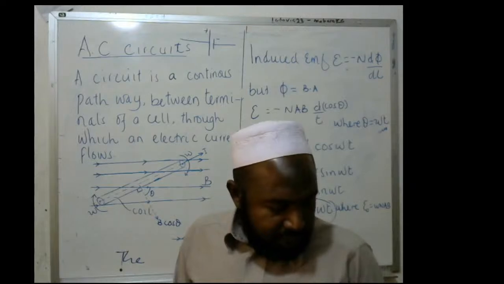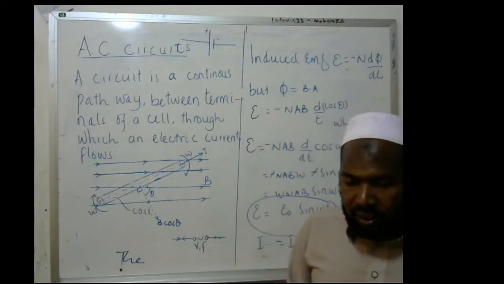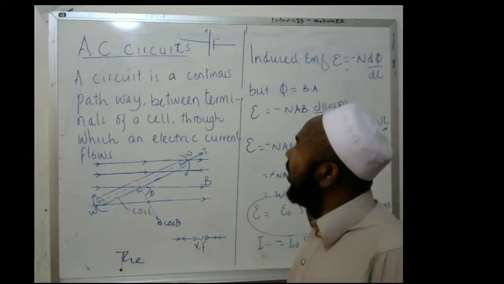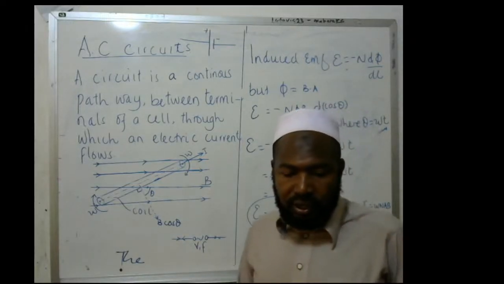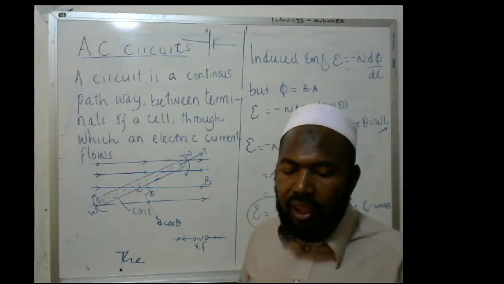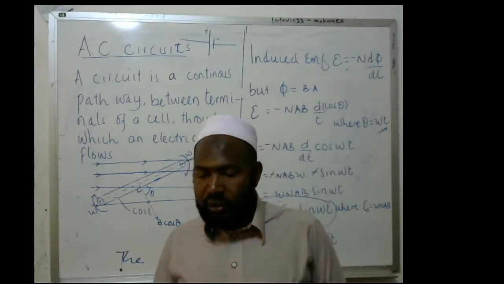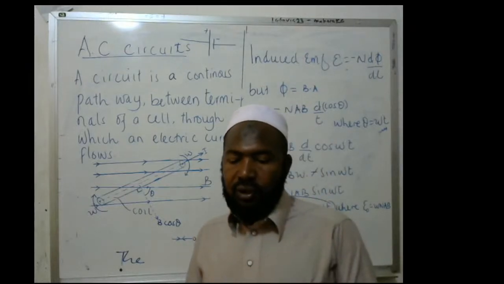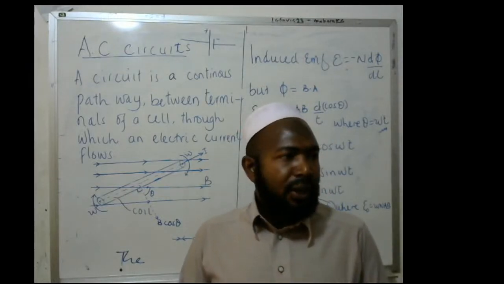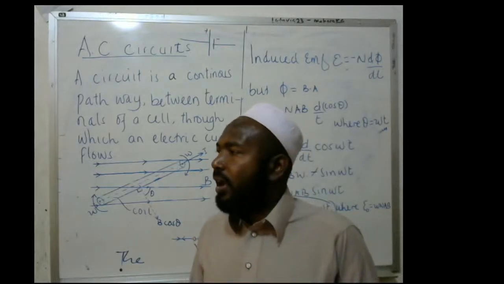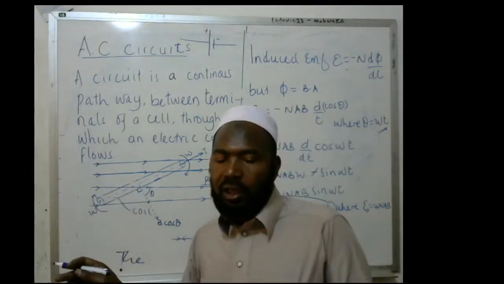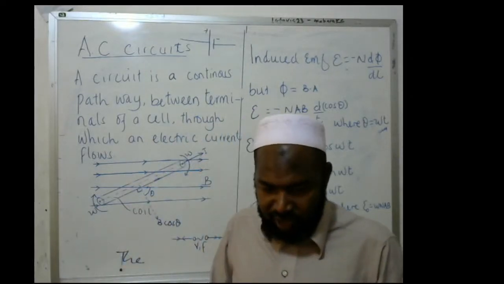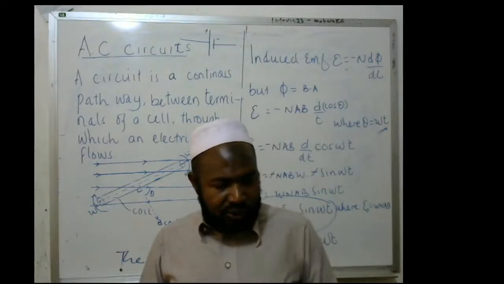Now, we continue with terms that we are going to employ in our study of this topic. Alternating current, by definition, is one in which the drift velocity of electrons reverses many times per second, meaning that this type of current does not flow in one direction, it keeps on changing direction at the frequency of the alternating current, as we'll be seeing in the details.